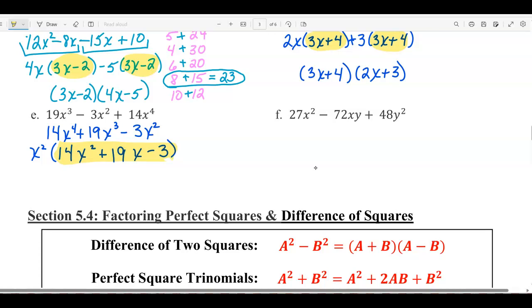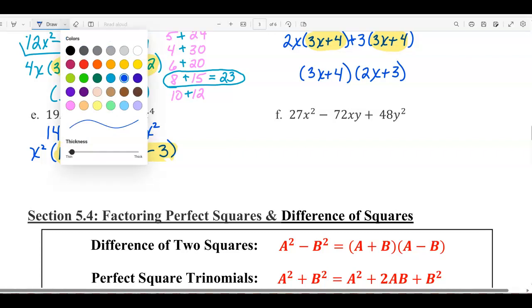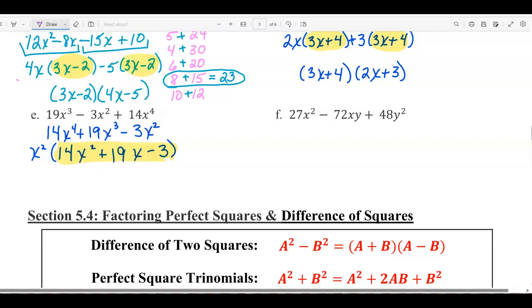Okay, so I can multiply the 14 and the 3 together, and then I'm listing out those factors, and this time I'm looking for the difference to give me a 19. So 14 times 3 is 42.